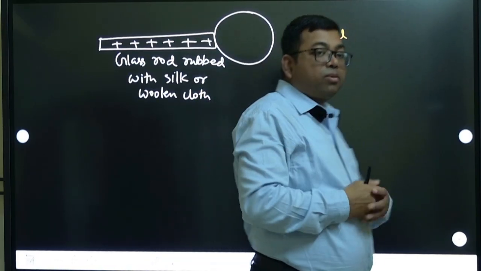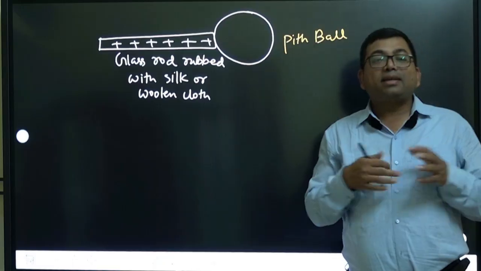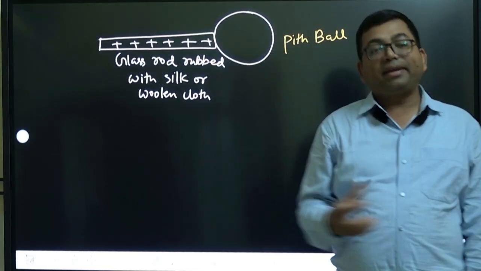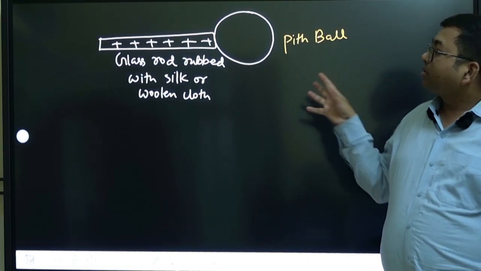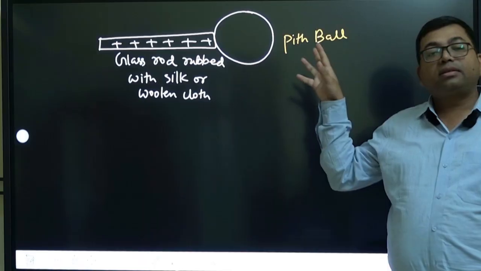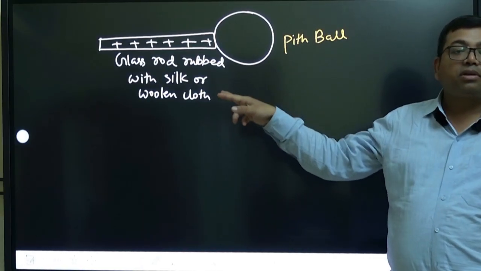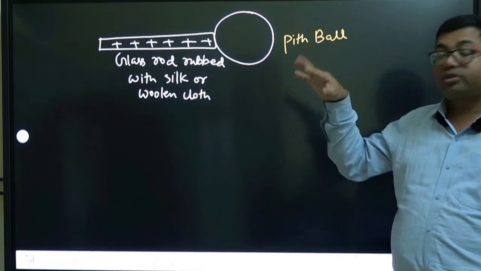So what is a pith ball? It is nothing but like a conductor only, and it is very, very light. Anybody can hold it. Okay. So what happens when this pith ball is brought in contact with this charged rod?